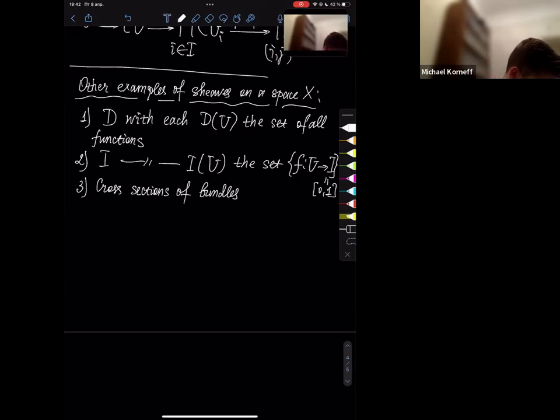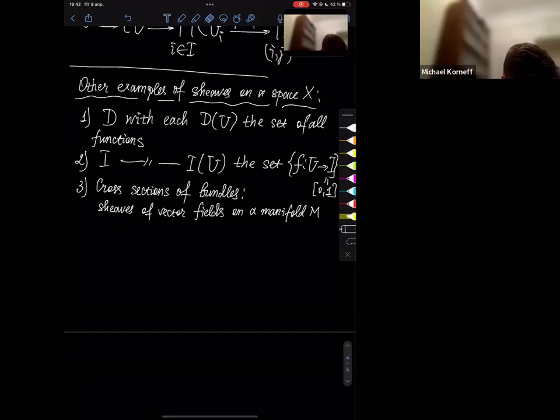Also, for example, sheaves of vector fields on a manifold M, sheaves of tensors on M. Okay.